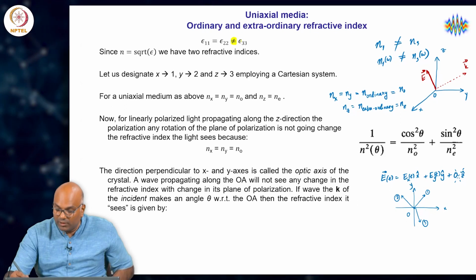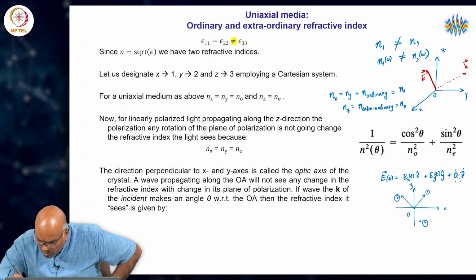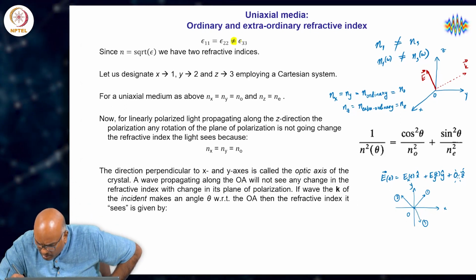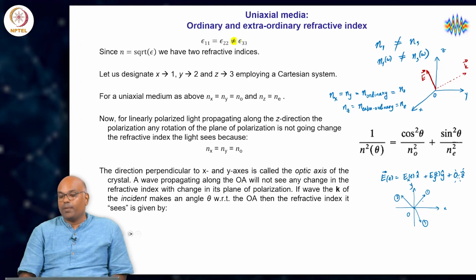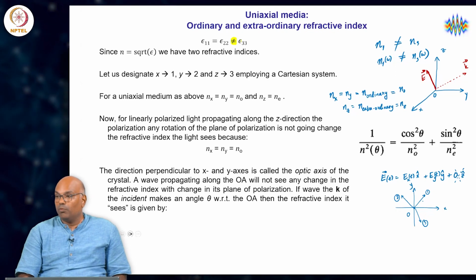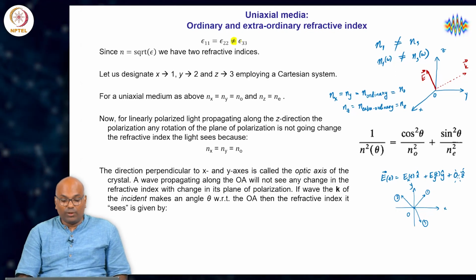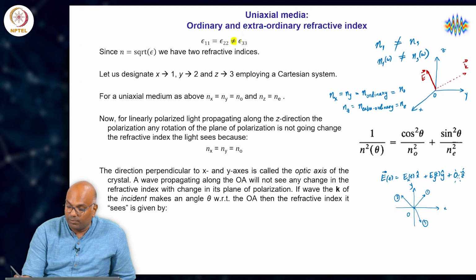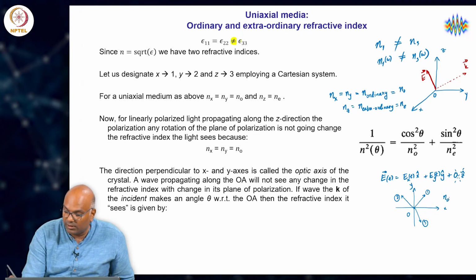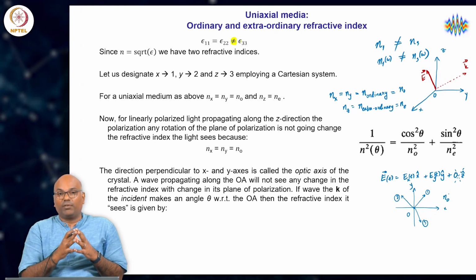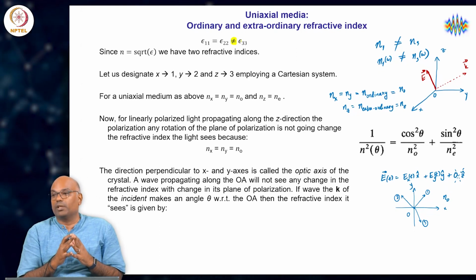For all these orientations of the direction of the electric field, the wave is essentially going to see the same refractive index, which is n_o. Again, when I say refractive index, I mean the real part of the refractive index.